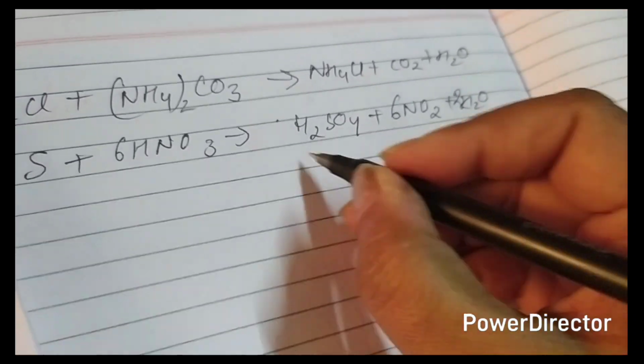Okay, so this is the balanced equation for oxidation of sulfur with nitric acid.